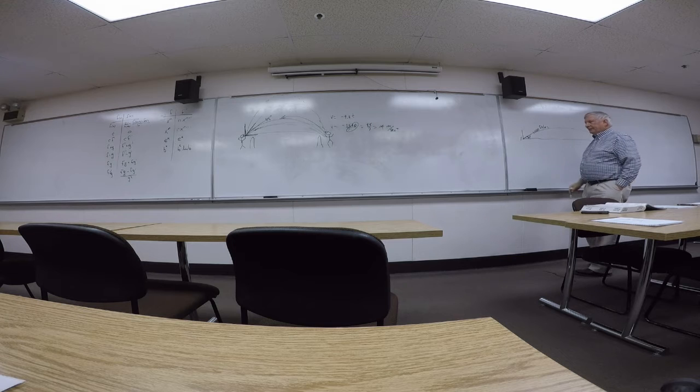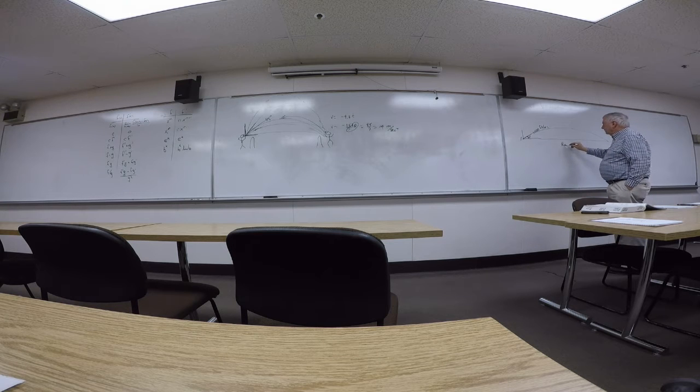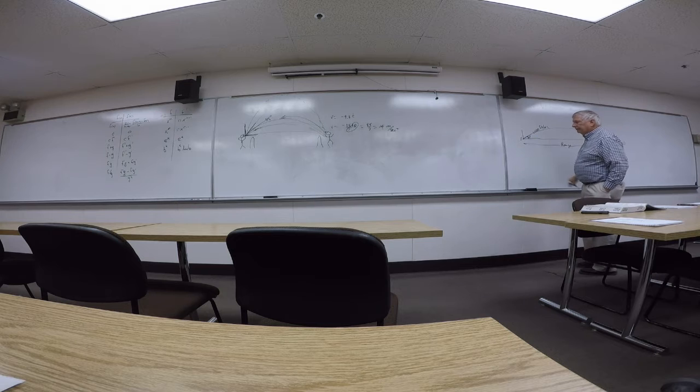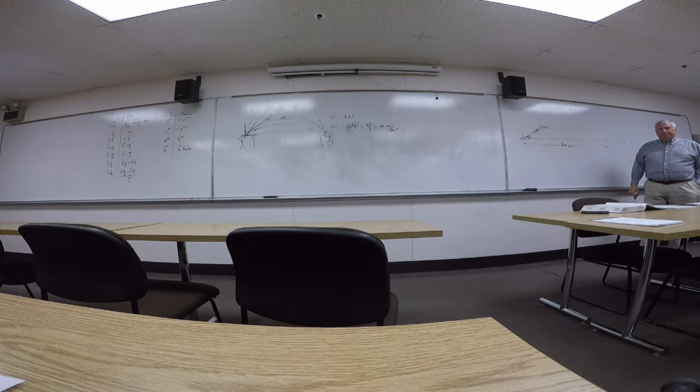I want to find a couple things here. One of those things I want to find out is the range. That is, how far will this go before it smacks into the ground out there?